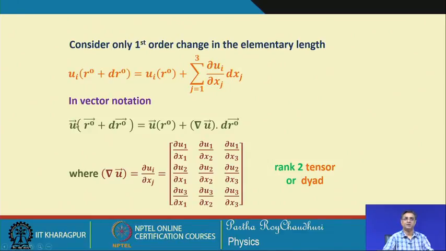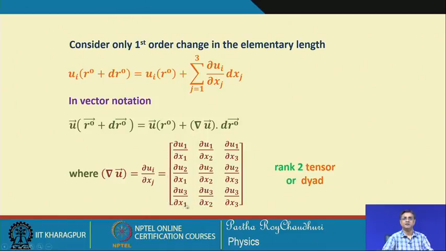In the vector notation, we can write this as u of r 0 plus del u dot d r 0, where this del u, we know, is the displacement gradient del u i del x j, where i and j can take values from 1 to 3. This gives you this matrix, which is a tensor of rank 2, also called a dyad.